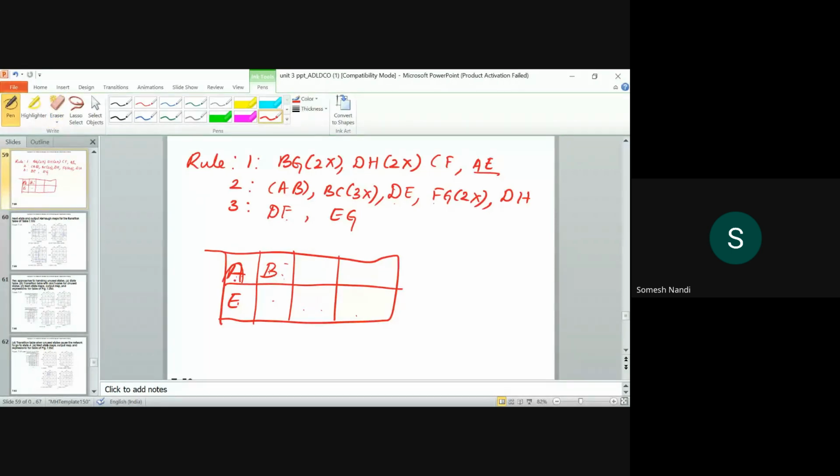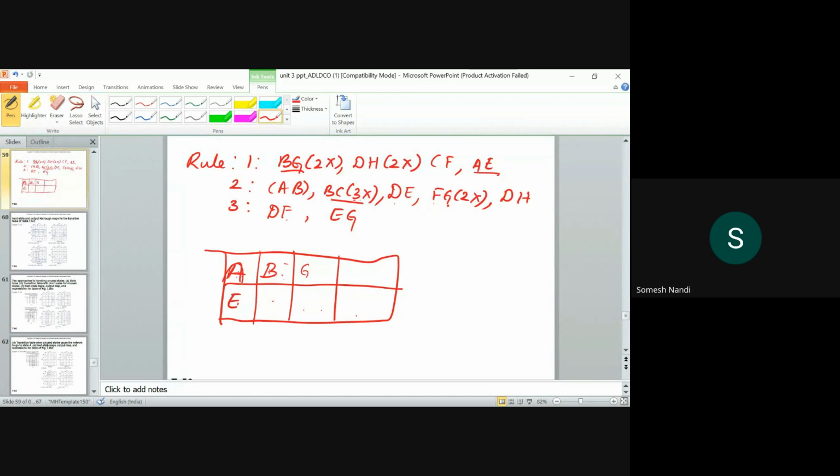So AB and AE. Now for B, you have BG as adjacent and BC as adjacent. Correct? So you can make BC and BG adjacent. If I place G here, what happens, you see? If I place G here, I have FG.